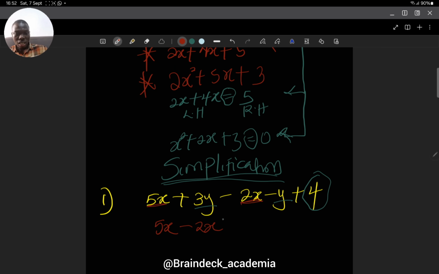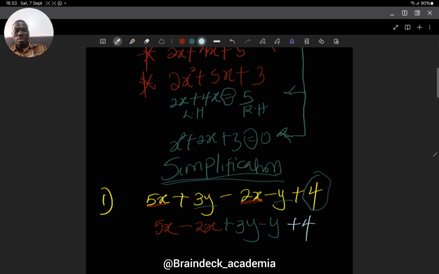I'm just rearranging it. Then plus 3y, then minus y. Plus 3y minus y, they are like terms. Then the plus 4 can just stay on its own because it doesn't have anything similar to it.